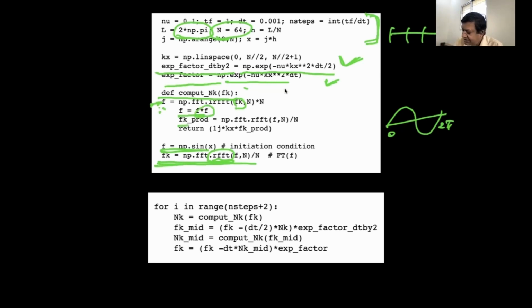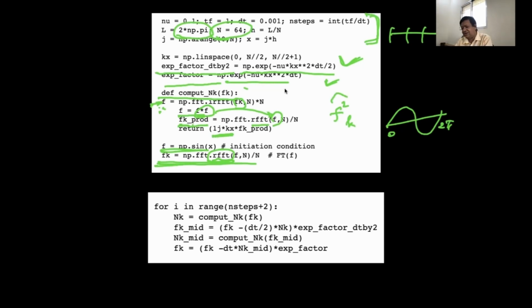And after f squared, I can take the Fourier transform from real to Fourier. So rfft of f, which is f squared now. Okay. Now that gives me the fk product. So it is nothing but the f squared Fourier transform. And after that, I multiply by ik x. Okay.